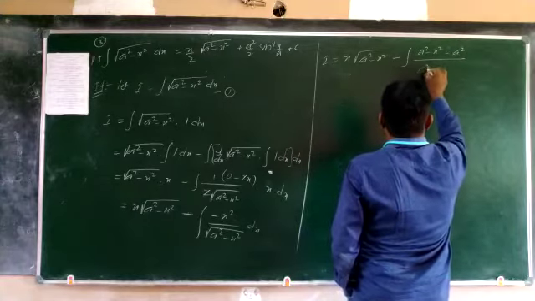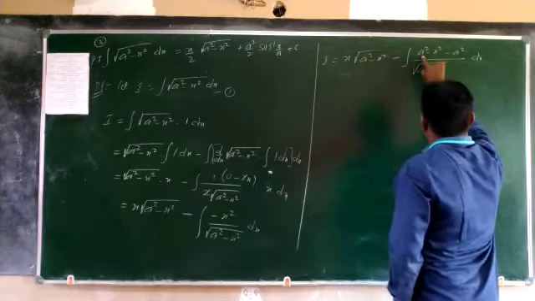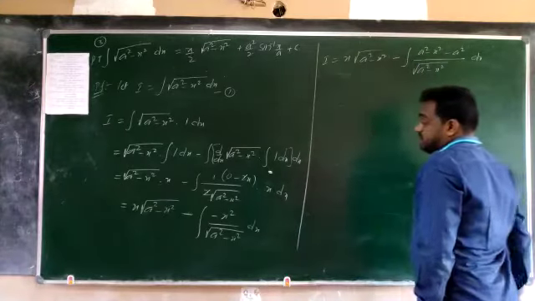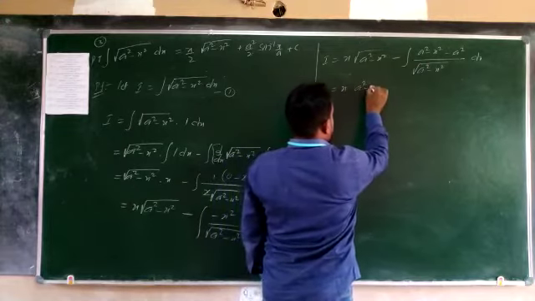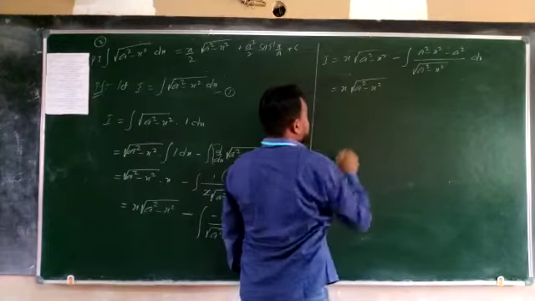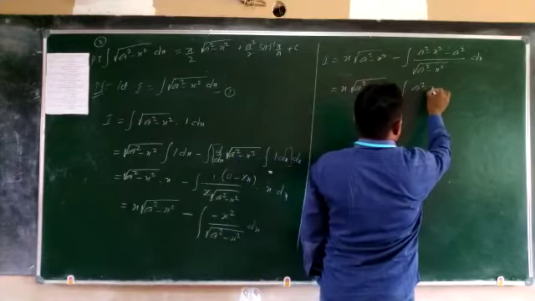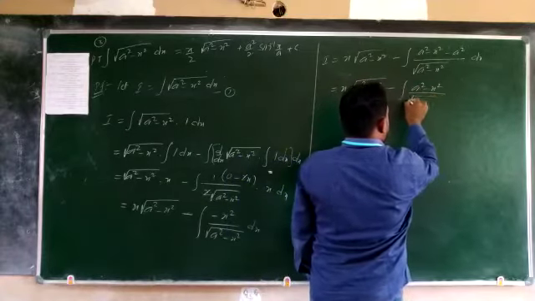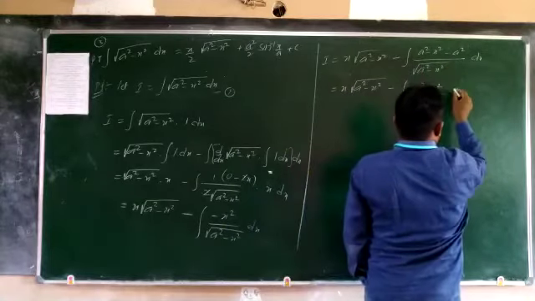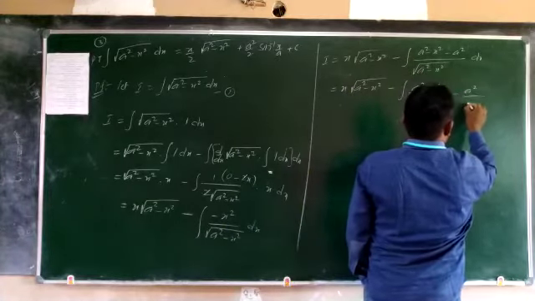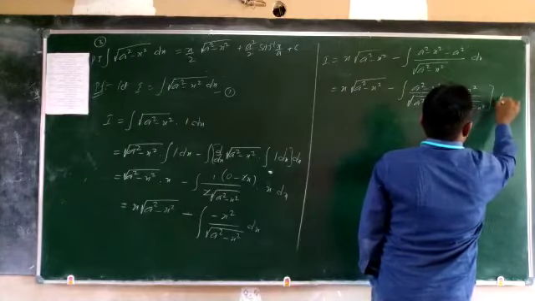So x square becomes a square minus, a square minus x square, under root, dx. What I did here: a square added, a square subtracted. This is equals to x into under root of a square minus x square, next to minus integration of a square minus x square by under root of a square minus x square, next to minus a square by under root of a square minus x square dx.